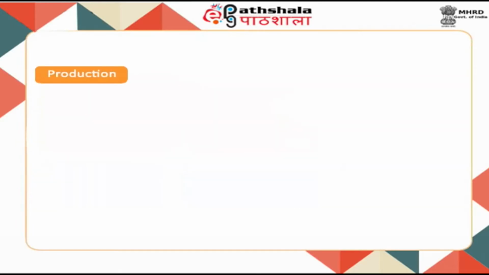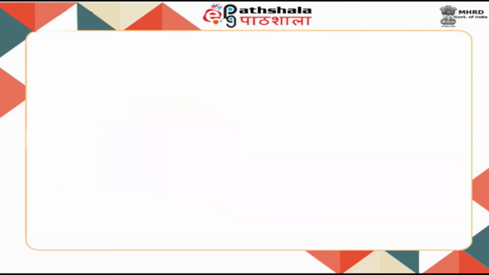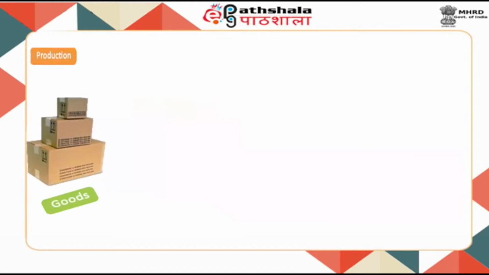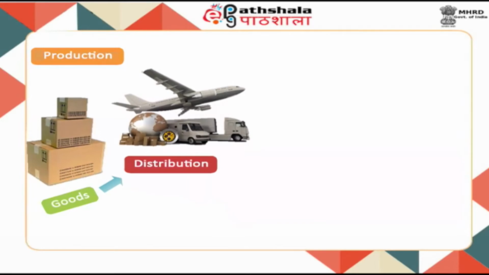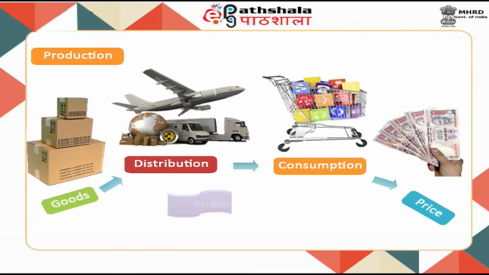Production refers to the process of combining all factors of production for generating goods and services. Once the goods and services are produced, the firm attempts to distribute them in the market so that consumers can avail or consume these goods and services in exchange for a price, which leads to a firm's revenue.